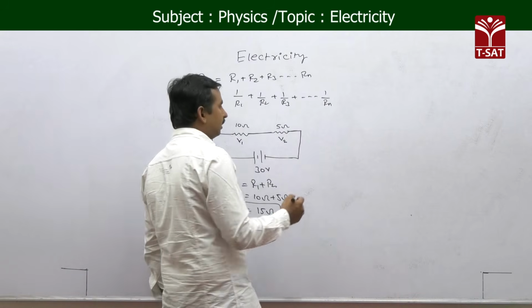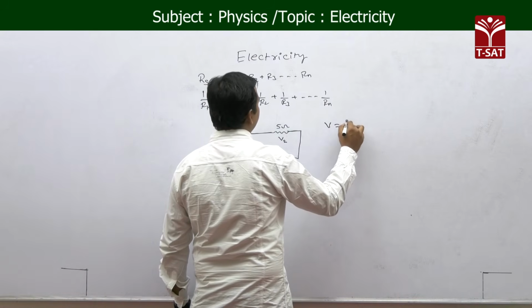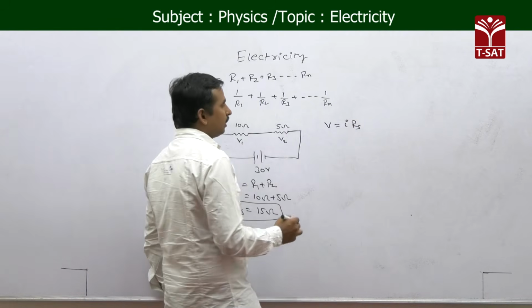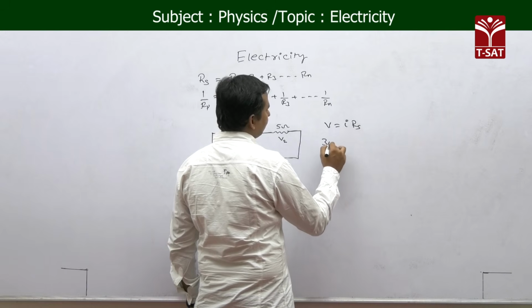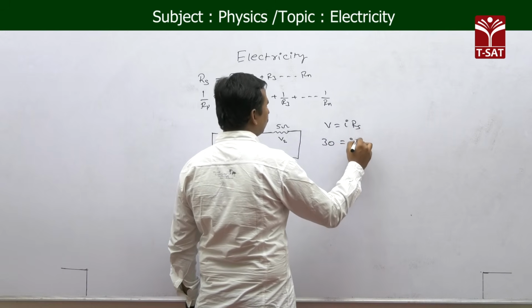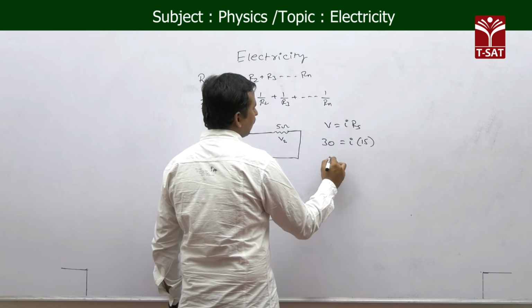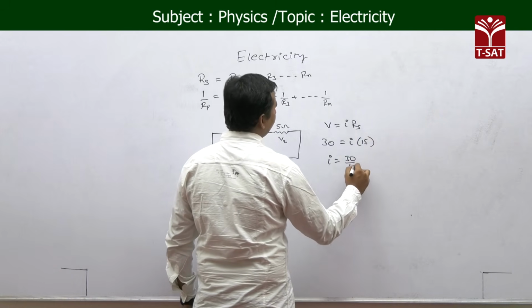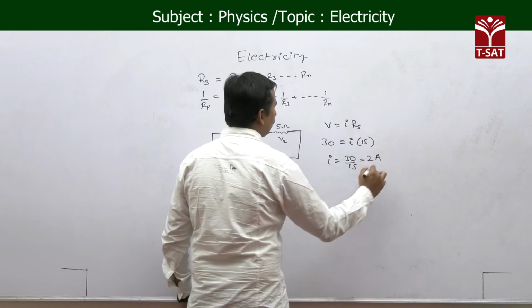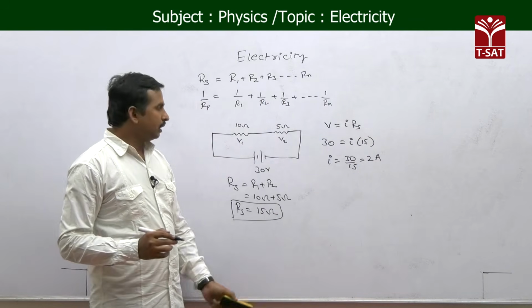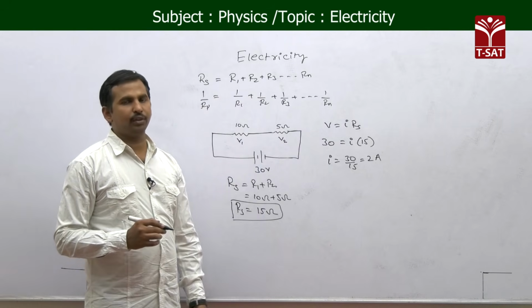Then the total current: as V is equal to IR, here the equivalent resistance is Rs. The voltage given is 30 volts, the current we don't know, and the Rs value is 15. Then I is equal to 30 by 15, which gives 2 amperes current. Then how much are V1 and V2?